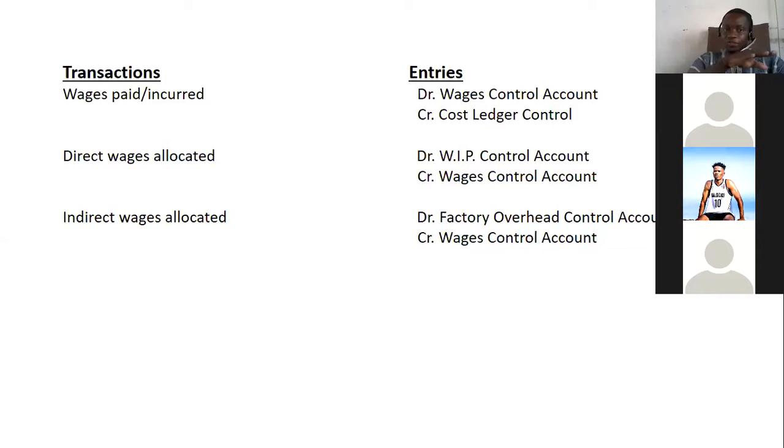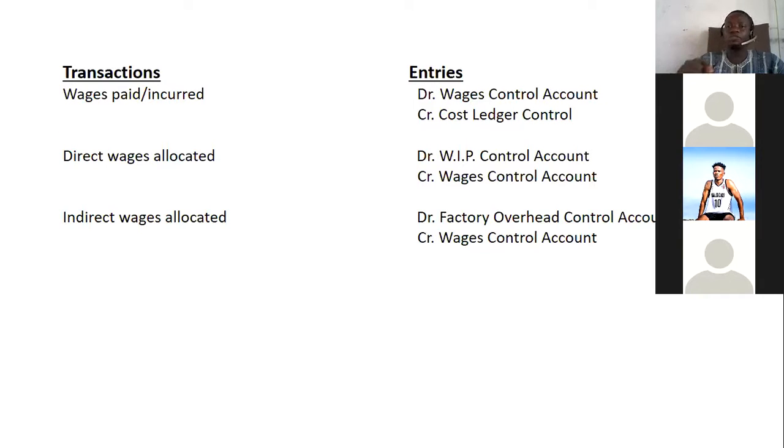That is why for the first transaction, they decide to debit wages control account and then credit cost ledger control account. We'll be looking at some further examples on preparation of accounts. But take notice that when you are closing off or balancing off your wages control account, the difference will have to be sent to the cost ledger control account.